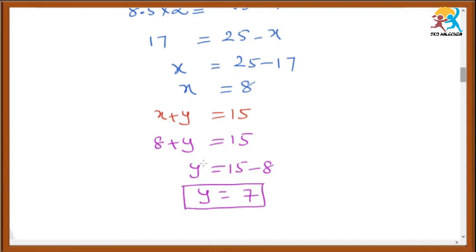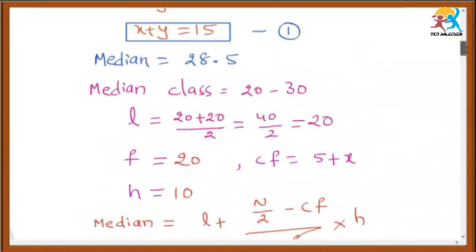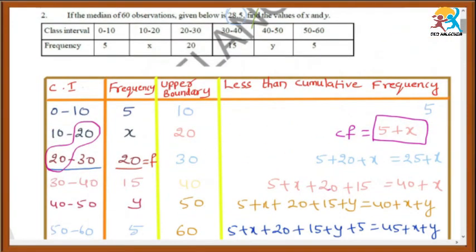Here you will get one doubt. The doubt is, while solving the question, I have chosen the upper boundary and the less than cumulative frequency. Suppose if you take, in the place of upper boundary, the lower boundary and the greater than cumulative frequency, is it possible to find the solution?